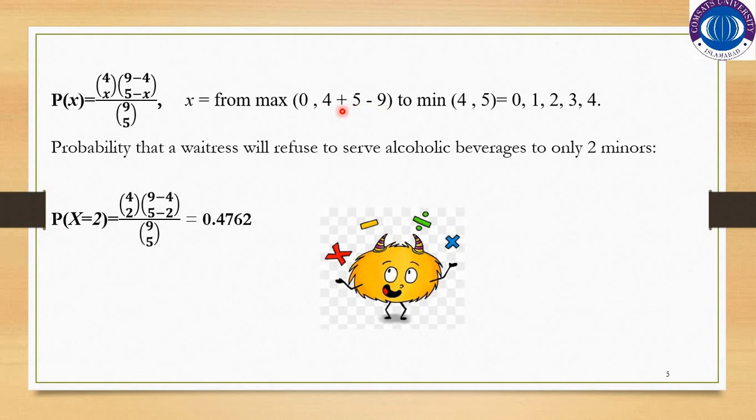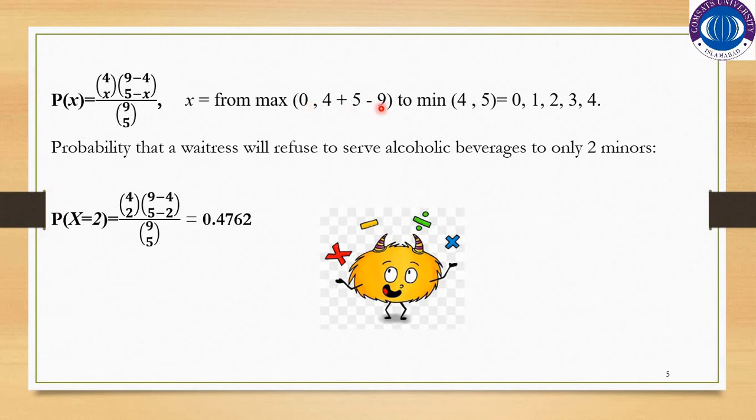This is 0. And 9 minus 9 will be 0. So this will surely be 0. On solving this, we will find out that this one is 0 and 4 plus 5 minus 9 will also be equal to 0.